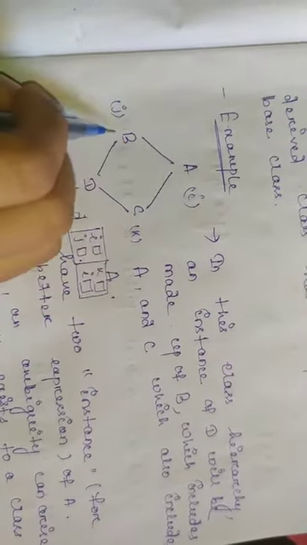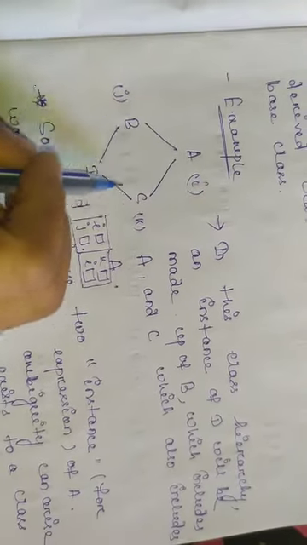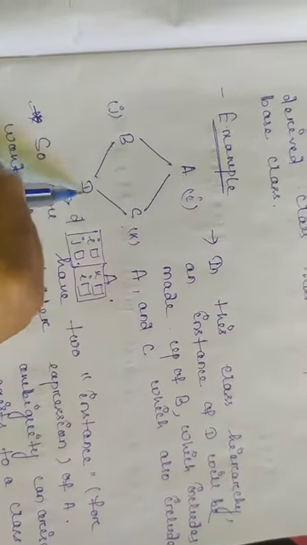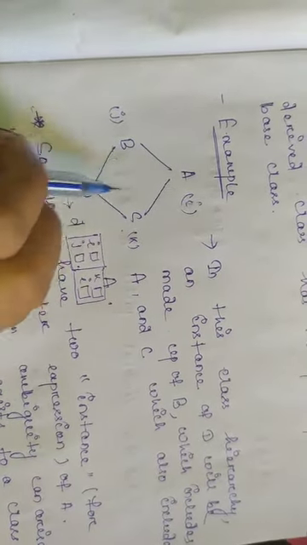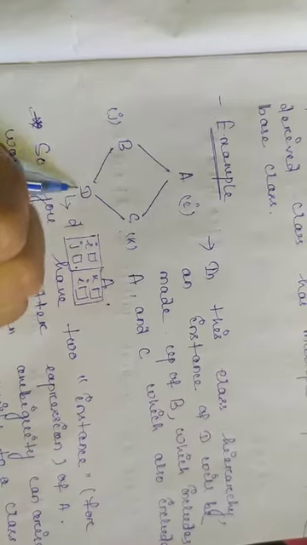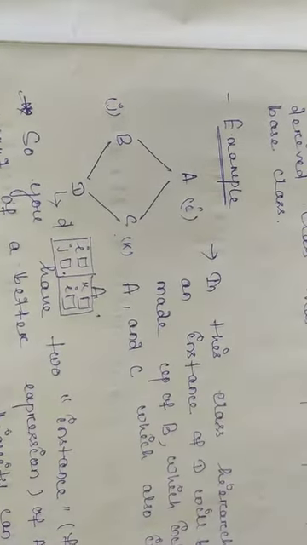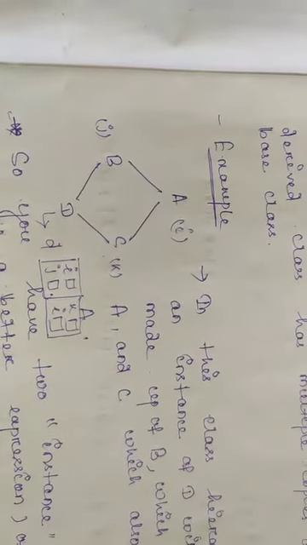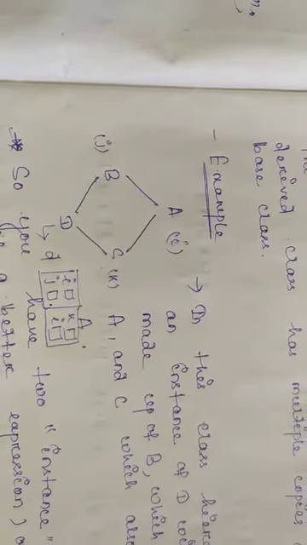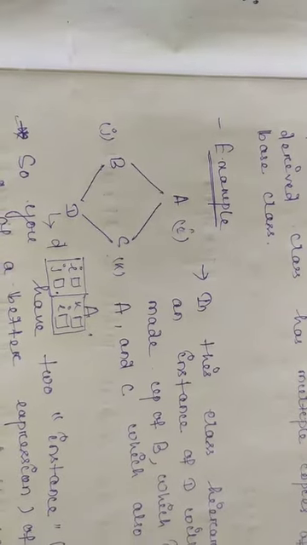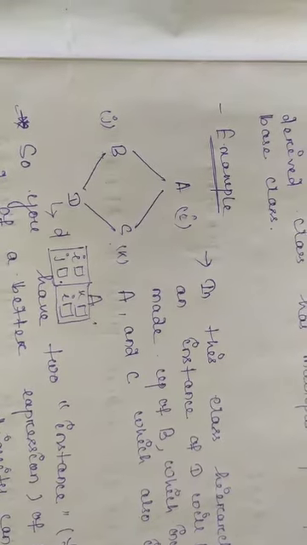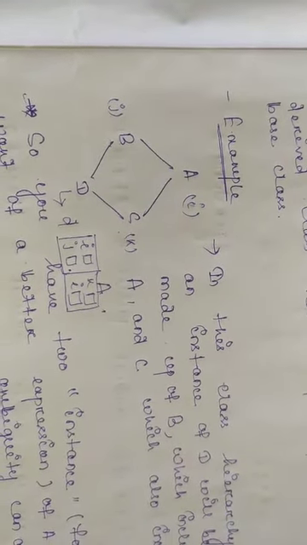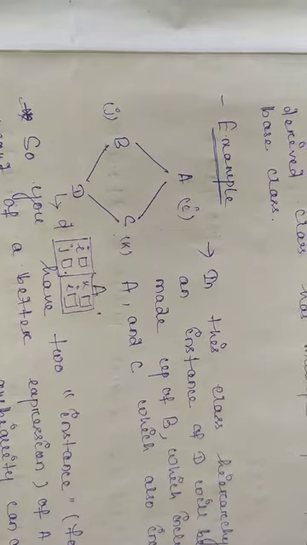So this variable is also the variable for B and also for C. And now D is also derived from B and C, so this I can also be a variable for D. But D will contain two copies of I. So to overcome this conflict, we use the concept called the virtual base class.